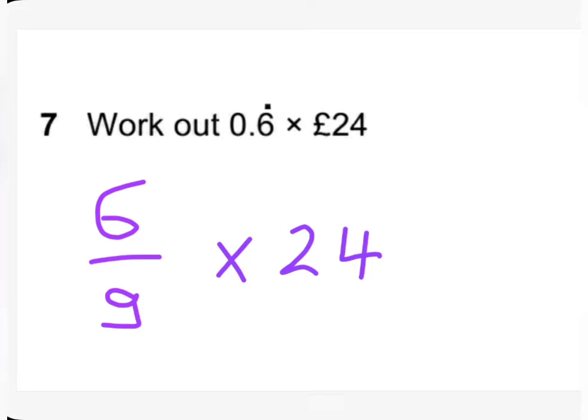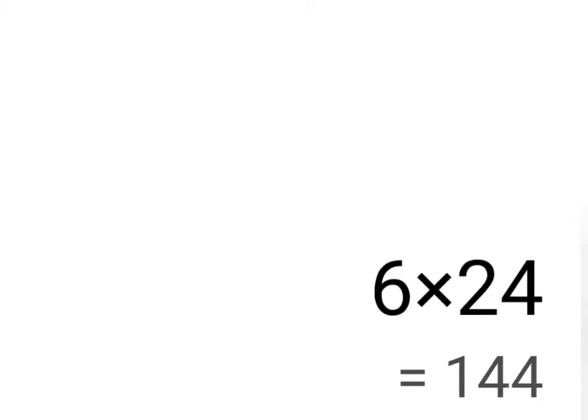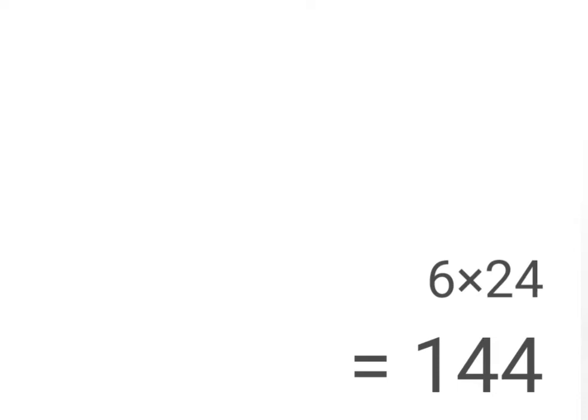Now, to do this, we need to use the calculator, in which we multiply 6 by 24 and then divide it by 9. Let's go and check with the calculator and then come back. So we say 6 multiply 24 and then we divide it by 9.